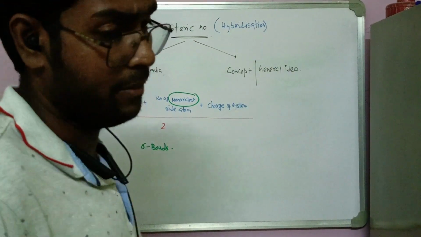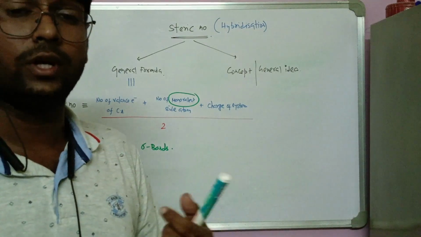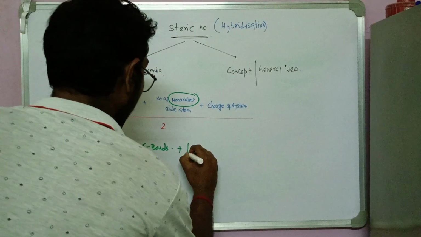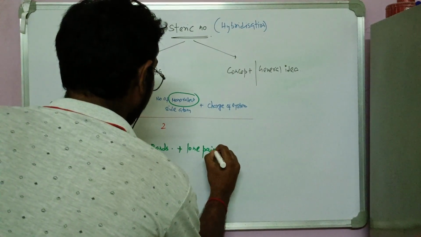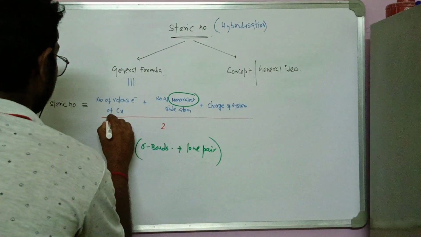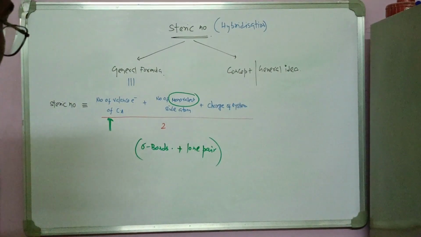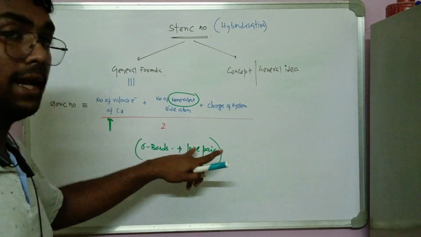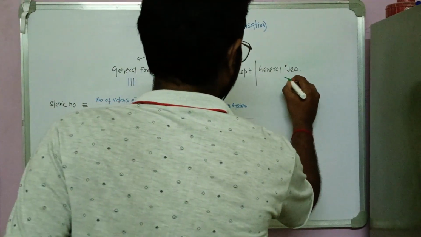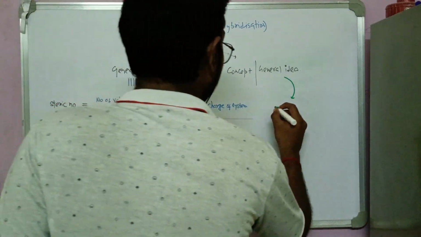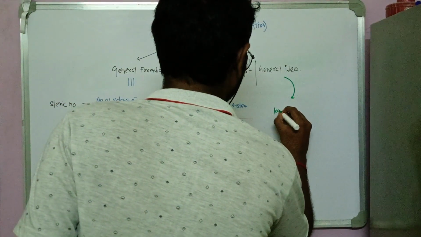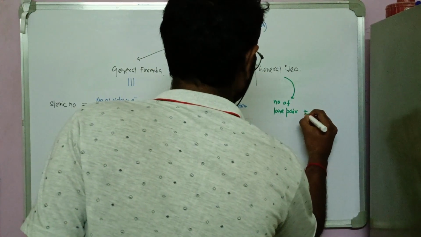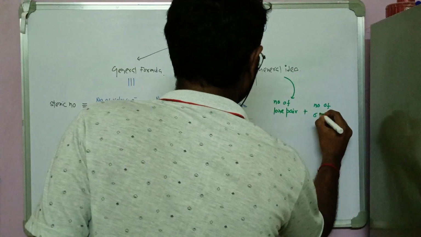That electron pair which doesn't participate in hybridization, we call a lone pair. So we are considering only sigma bonds plus lone pairs, because lone pair and bond pair are both in the number of valence electrons. So in the case of steric number, we consider only sigma bonds and lone pairs. From this general idea, we can say that the steric number equals the number of lone pairs plus the number of sigma bonds.